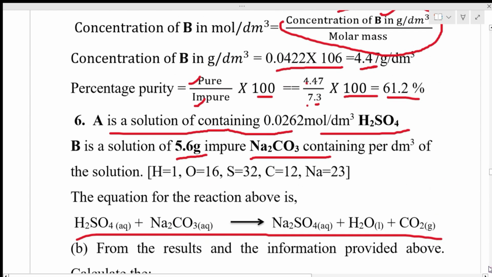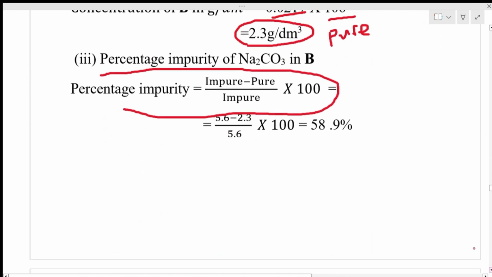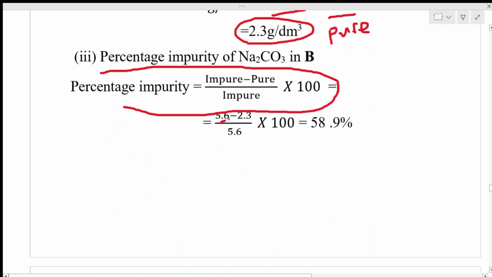So going back to that question, we have 5.6 minus 2.3 divided by 5.6 multiplied by 100, which will give us 58.9. I hope you get that. If they ask you to calculate percentage purity, you don't even need to write the formula, just say 100 minus impurity gives purity.